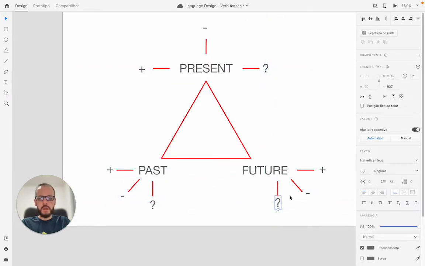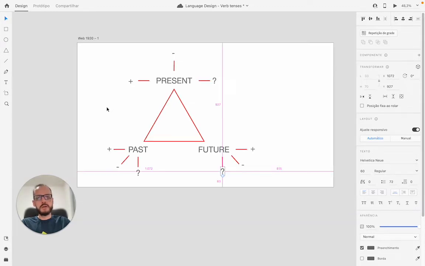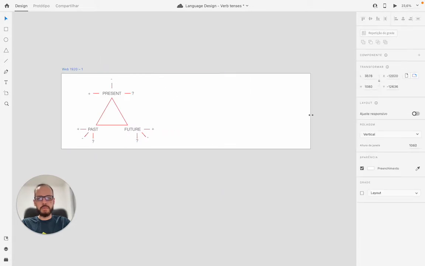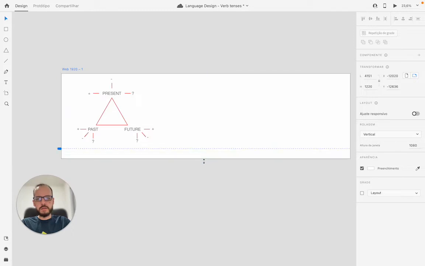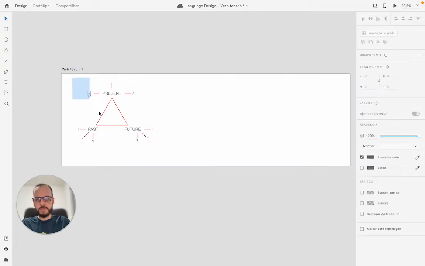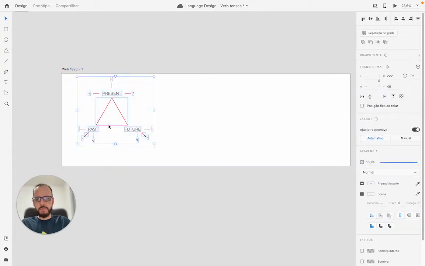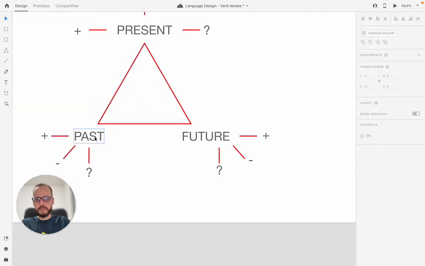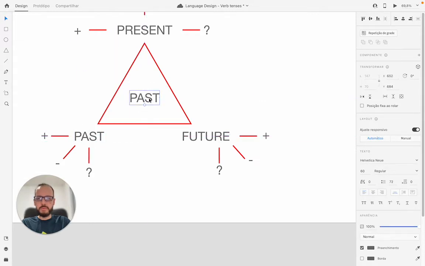All right. The next step is to have your students understand, and for that I'm going to make this screen a little bigger, that there is a past, a present, and a future, but we name these tenses differently. I'm going to name this first triangle here simple.